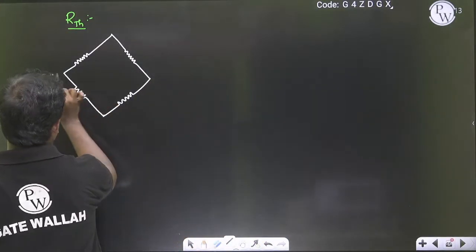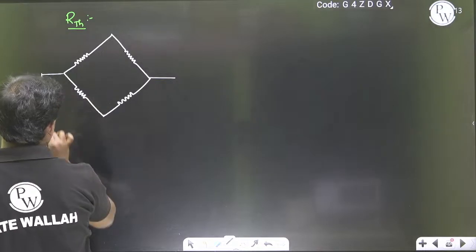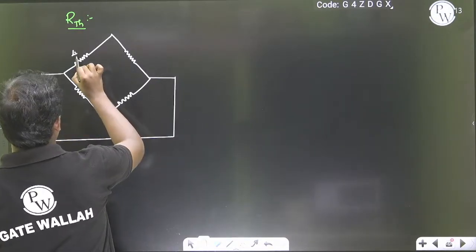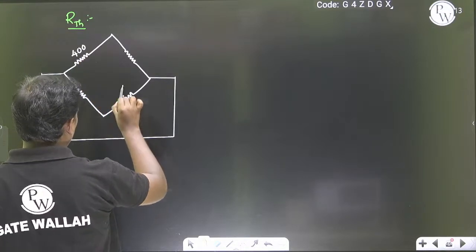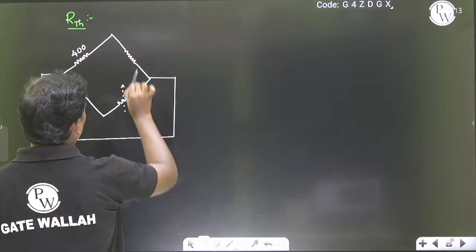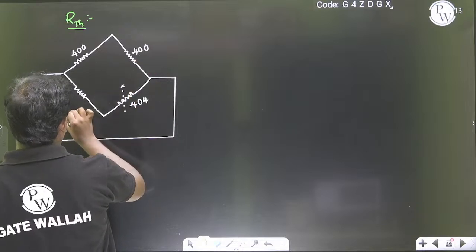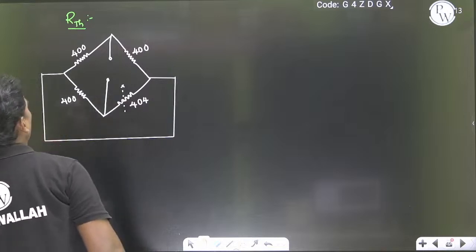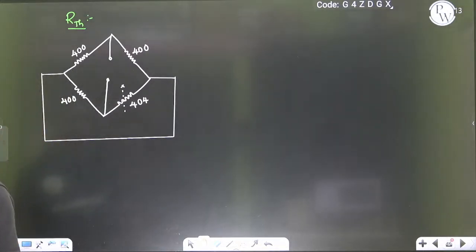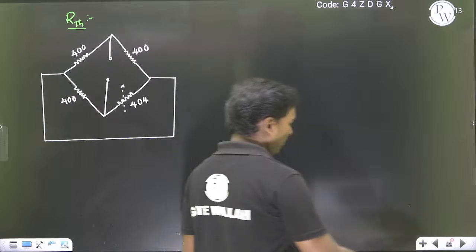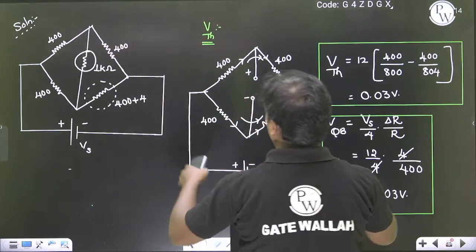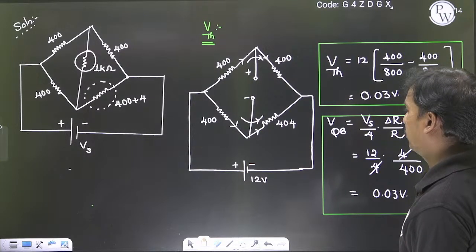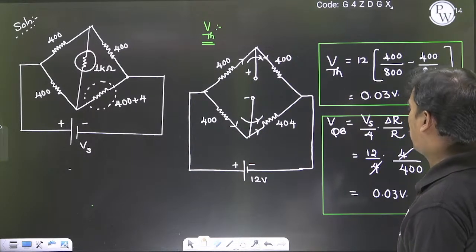So if you short this circuit, this is 400, this is 404, 400, 400, and if you watch these two resistors, I have shorted this. We shorted, what is going to happen? R Thevenin's we have to calculate.